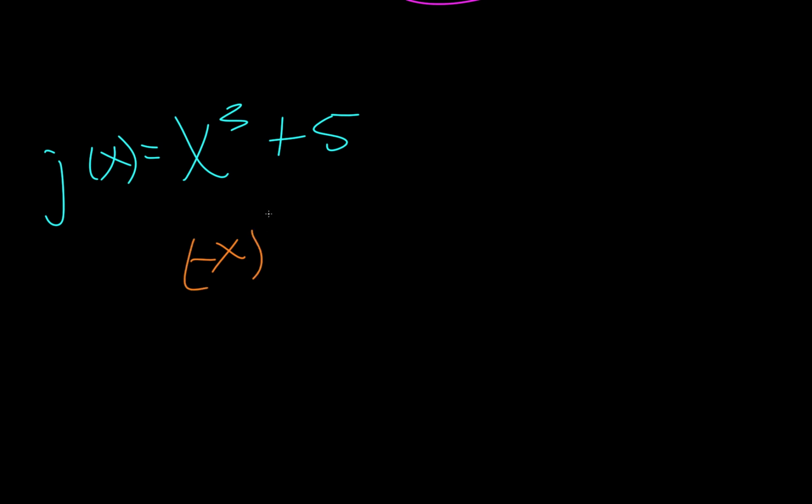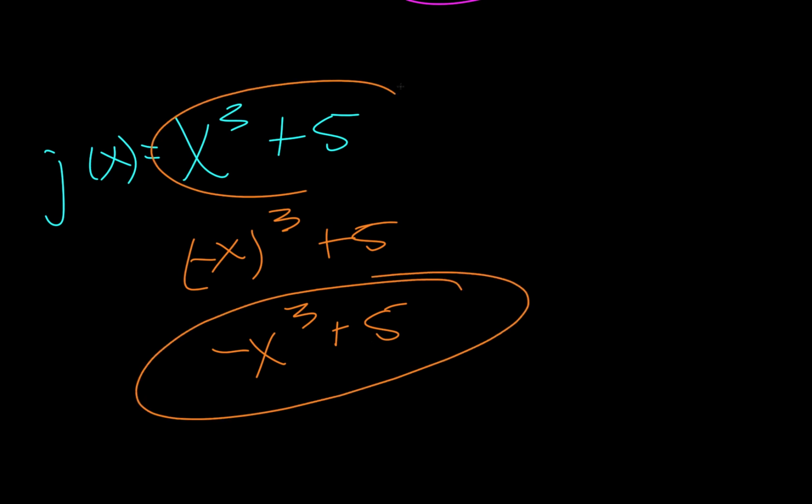Okay, let's try another one. Let's try x cubed plus 5. Now you might have a hypothesis on whether or not this is odd or even, but let's see what happens. So we plug in a negative x. We go through the process. Negative x cubed is just negative x cubed without the parentheses. We saw that on the previous one. Now we compare this to the original.